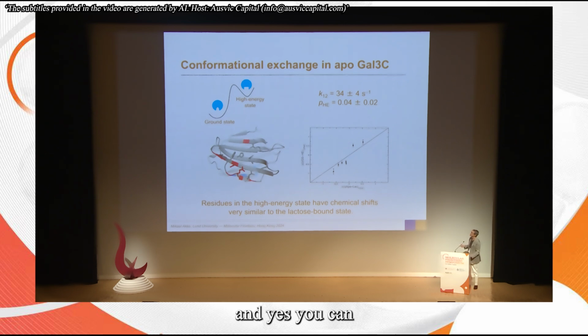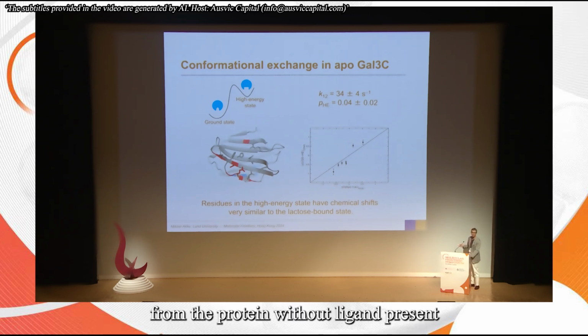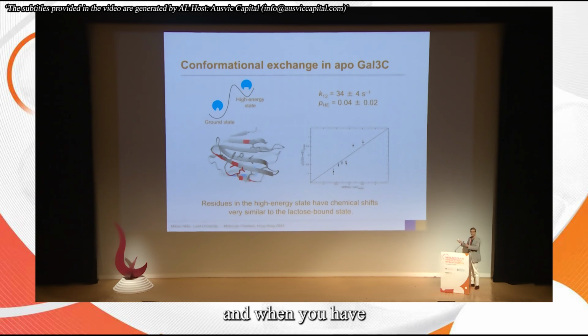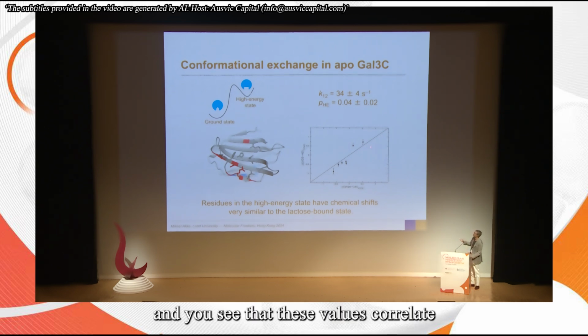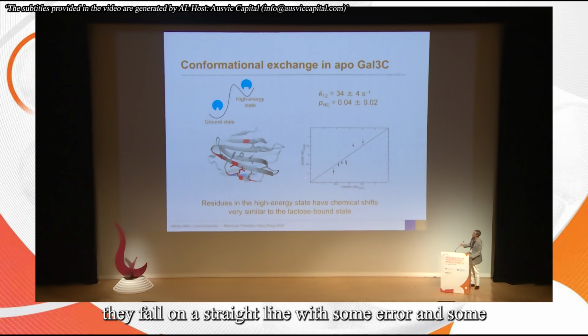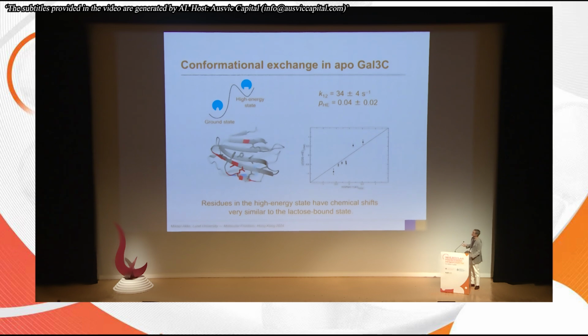And yes, you can. So what we do here is we plot on the vertical axis the chemical shift difference that we get out from the experiment. And we plot that versus the chemical shift difference that you measure in the two-dimensional spectrum from the protein without ligand present, and when you have totally saturated the protein with the ligand lactose. And you see that these values correlate quite beautifully. They fall in a straight line with some error bars.